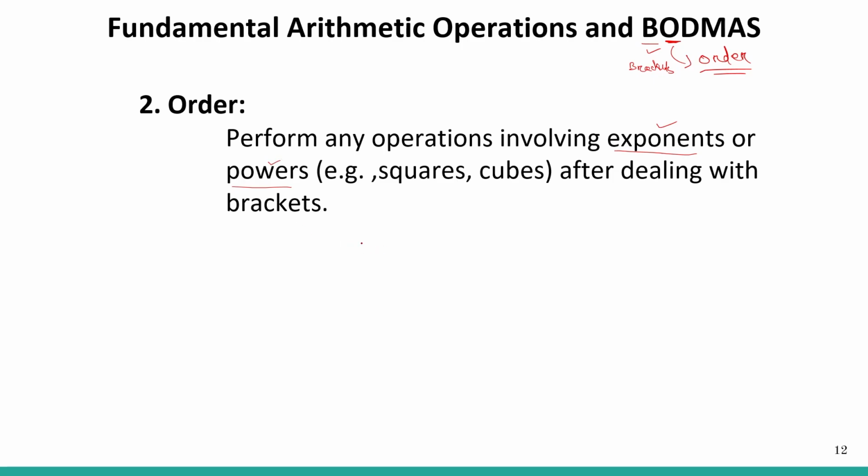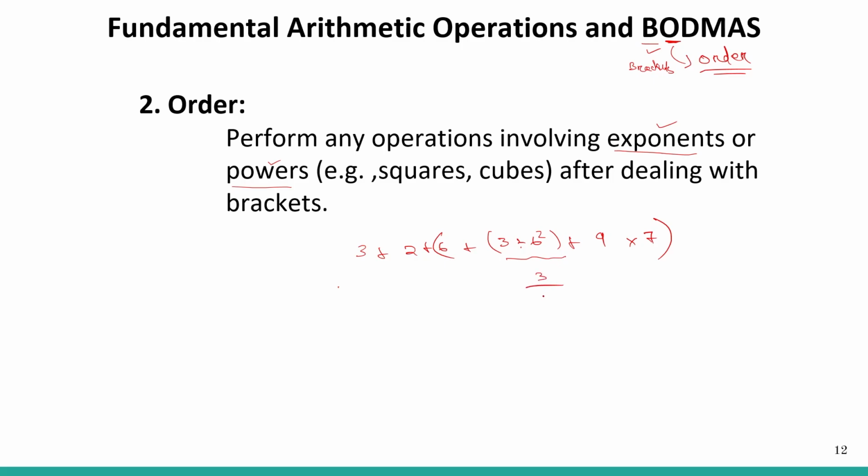So if we are given 3 plus 2 plus 6 plus 3 divided by 6 square, plus 9, let's say into 7, and there is another bracket, how will you proceed? We first search for brackets, that is this one.